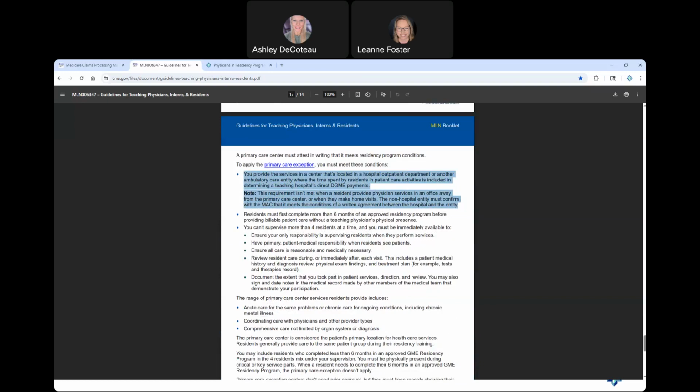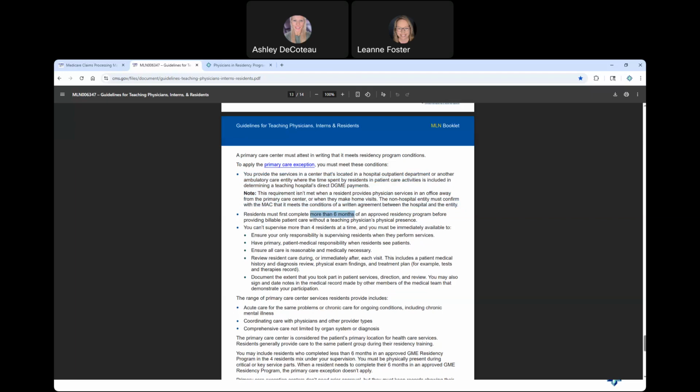So for example, this could be an off-site clinic. Below that, in this next bullet, we see that the resident must have completed more than 6 months of an approved residency program.